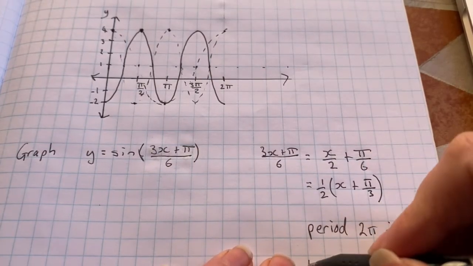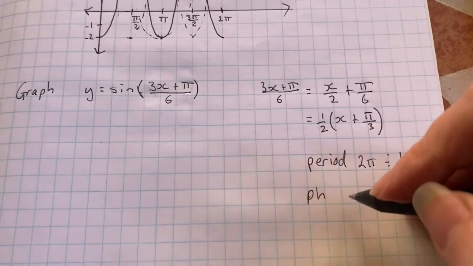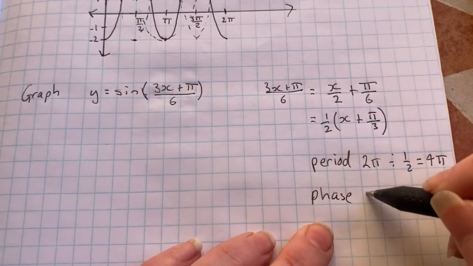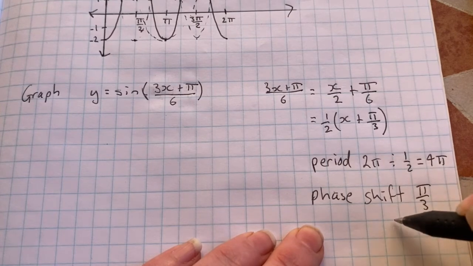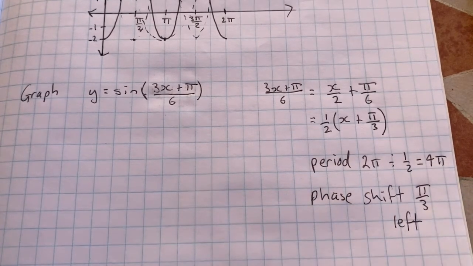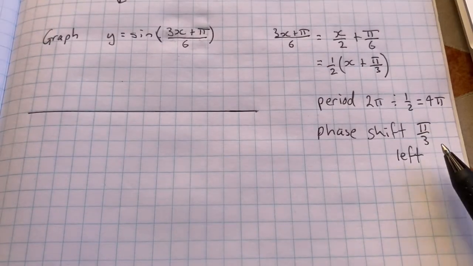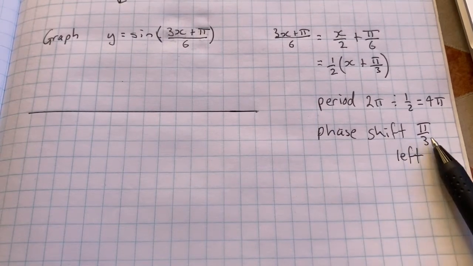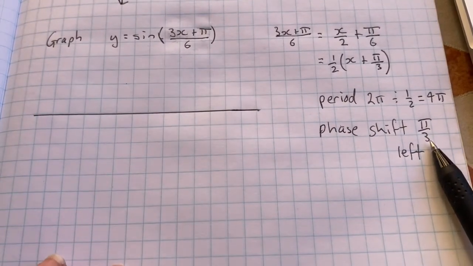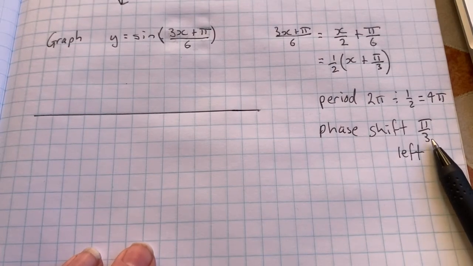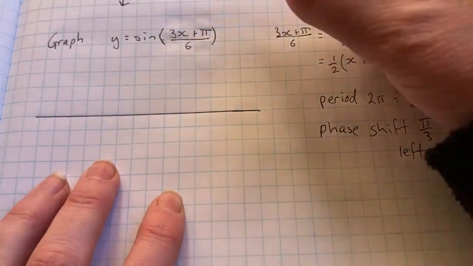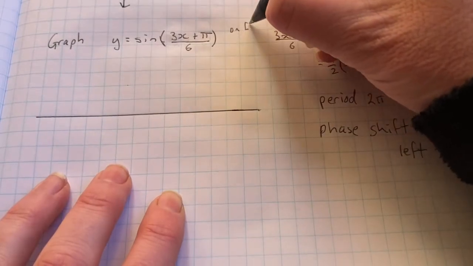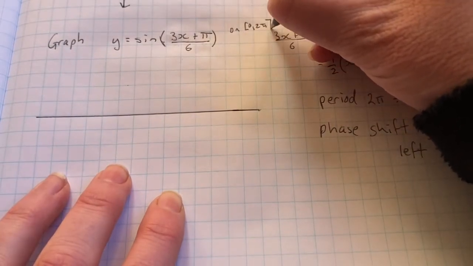So let's have a look at our phase shift. Phase shift is now pi on 3 left. Okay, so I want units that are thirds. That's the easiest way. Now, pi on 3 to the left, we already saw that one in a previous example. Let's just say on 0 to 2 pi.